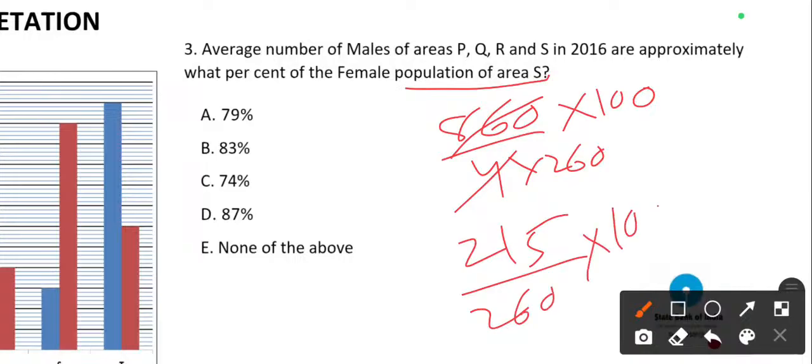Yes, it is fine. So what is the answer we got? Lalita says 83 percentage. 215 divided by 260, so approximately we got 82 or 83. So the answer we got here is 83 percentage. Option B is the answer.